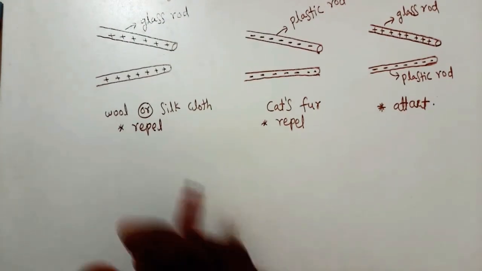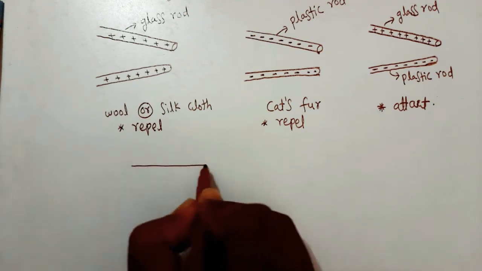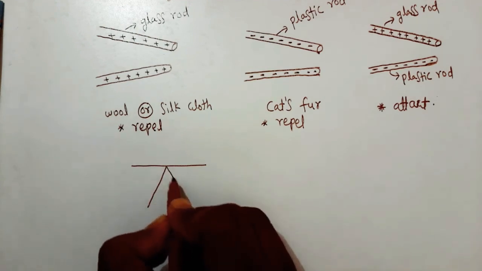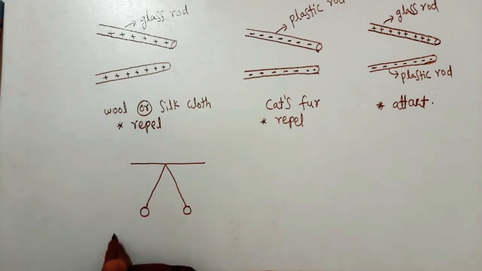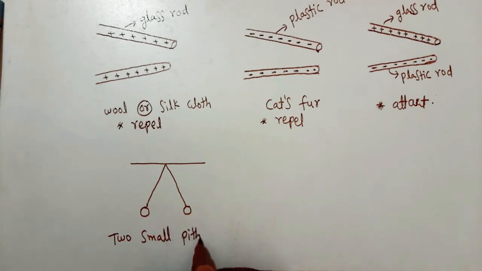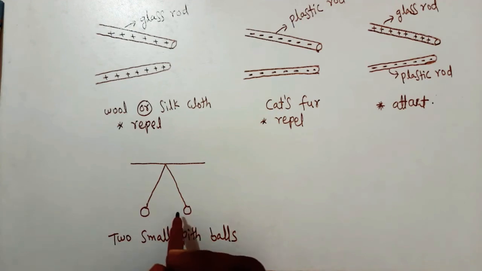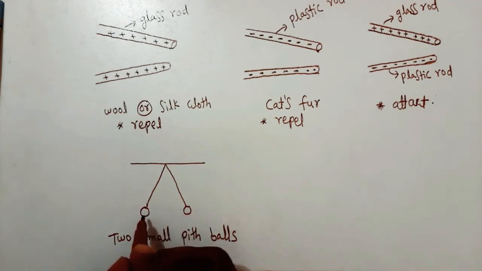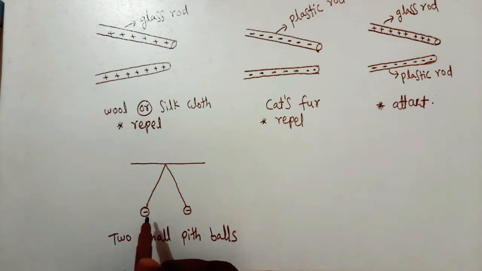And if we take two small pith balls, and touch these two small balls with plastic rods, they get negative charges because on the plastic rod negative charge is distributed.